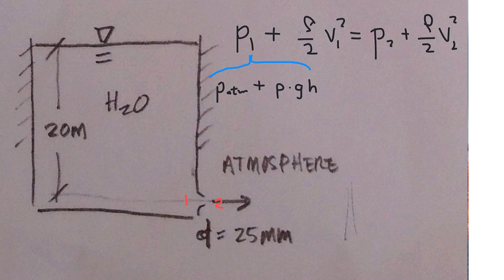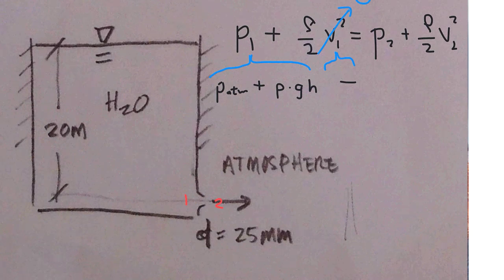Now, the velocity here is going to be whatever the velocity is right inside this point as you discharge this thing. So this velocity inside here, we could write this really as not moving at all. So this is going to be essentially 0.